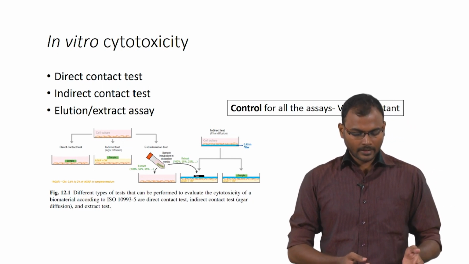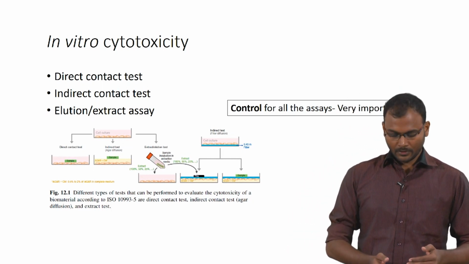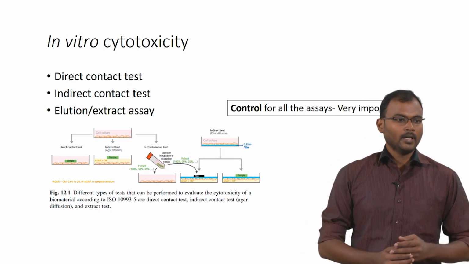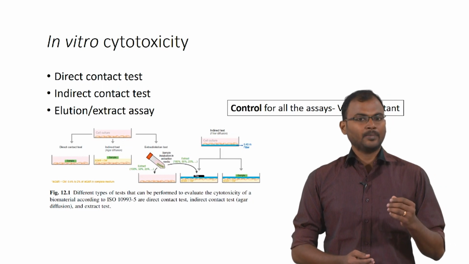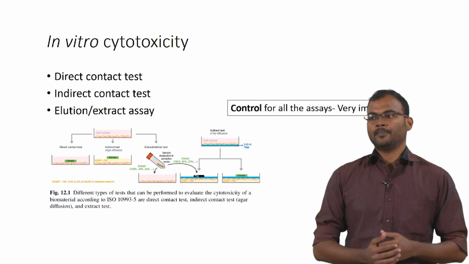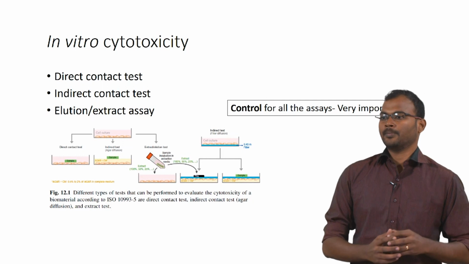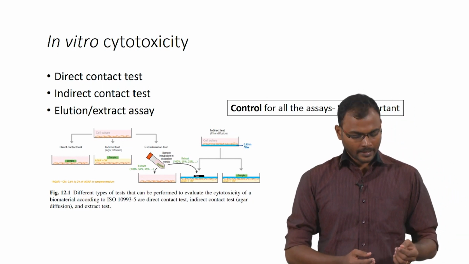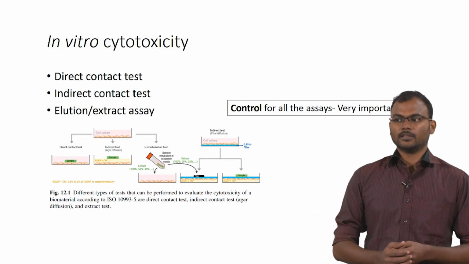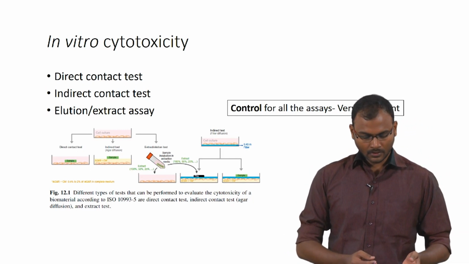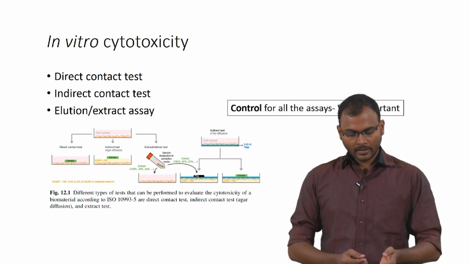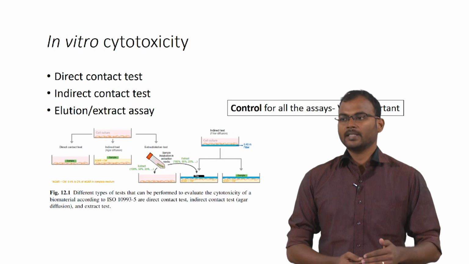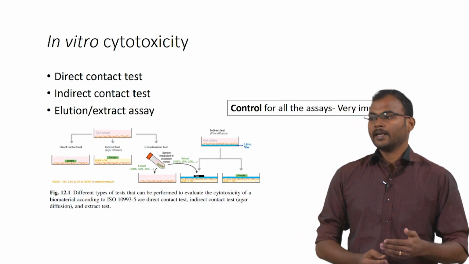So, for the indirect test, there would be an agar layer on the top of the cells and your sample would be there. If your sample is leaching out some compounds or other drugs are releasing from the material, then that can leach out and affect the cells underneath it. So, that is indirect contact. Indirect contact can also be done based on how it is interacting with the cells.